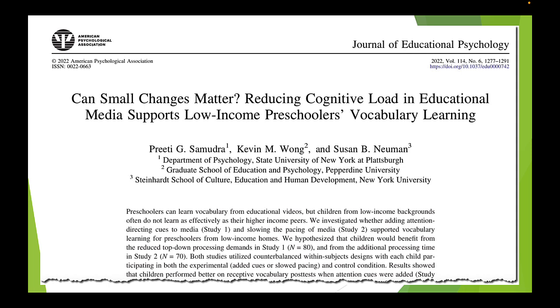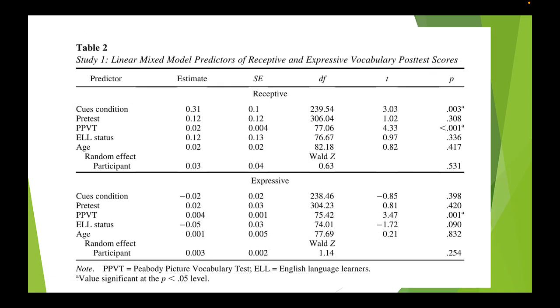But like most research studies, the paper includes a number of tables that communicate some really important information about the research that was conducted. In Table 2, as you see here, this table presents the results of some analyses that were done.